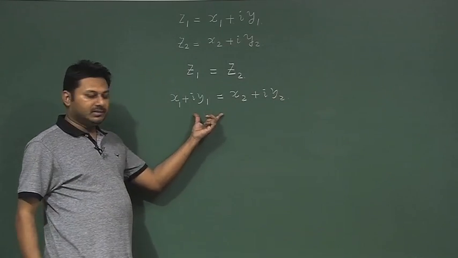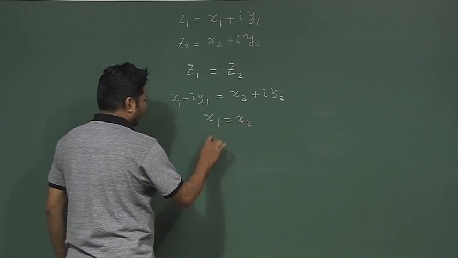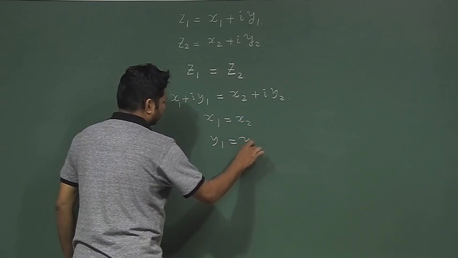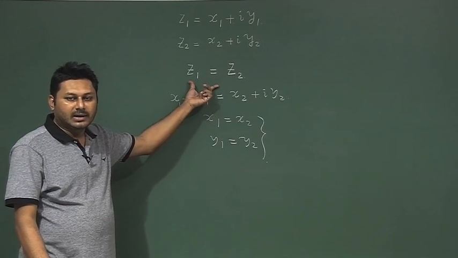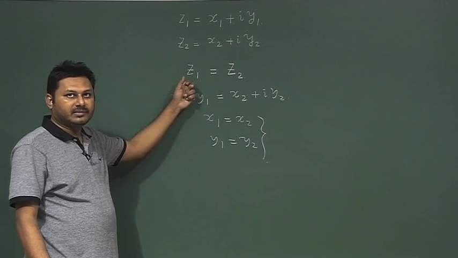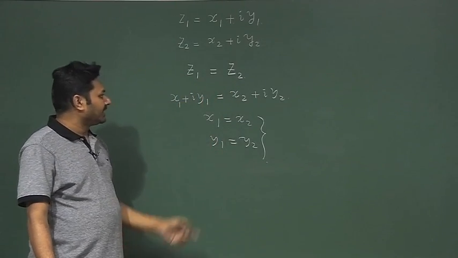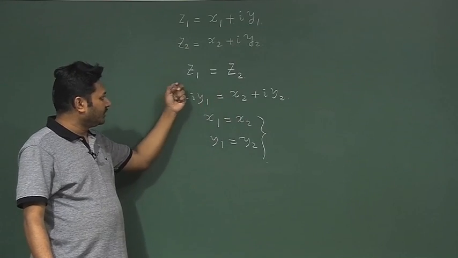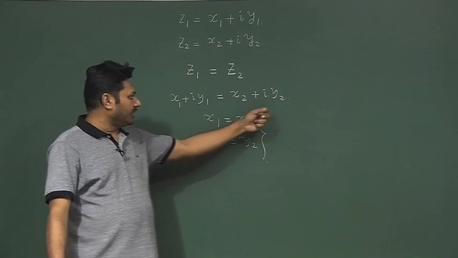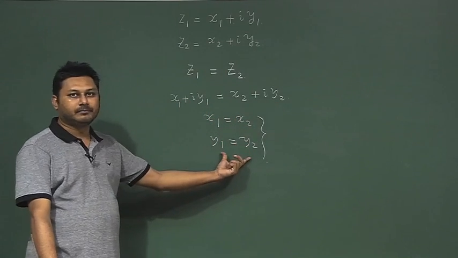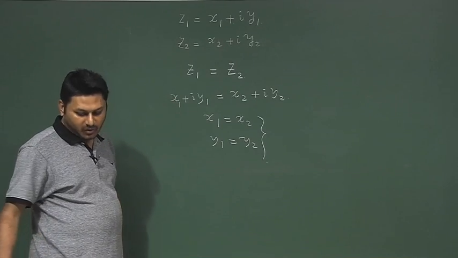It essentially means that x1 is equal to x2 and y1 is equal to y2. If two complex numbers are equal, then the real parts are equal and not only that, the imaginary parts are also equal. This is a very fundamental identity of complex numbers.